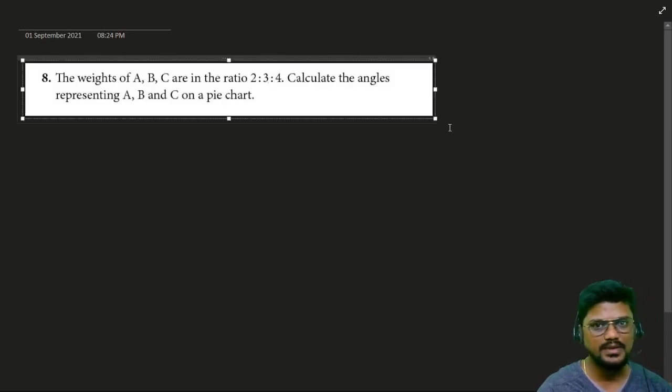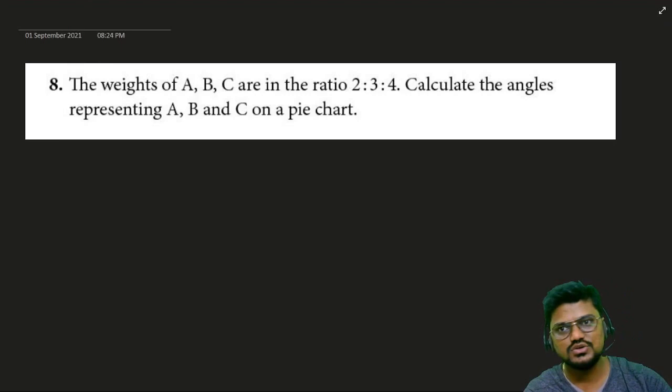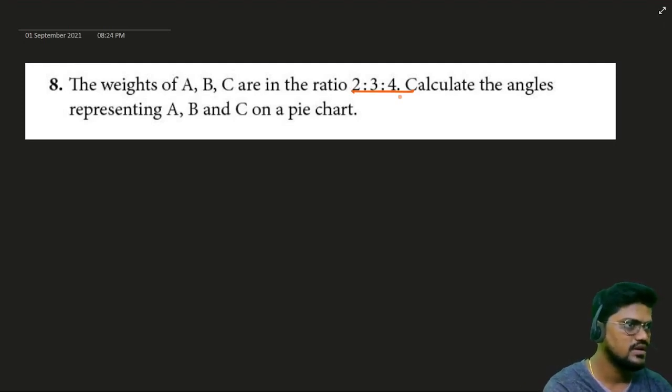Now the weights of A, B and C are in the ratio 2 is to 3 is to 4. Calculate the angles representing A, B and C on a pie chart. See the total ratios they have, that is 2 is to 3 is to 4. Whenever anything is there in ratio, the sum of all the ratios will give the total, right?